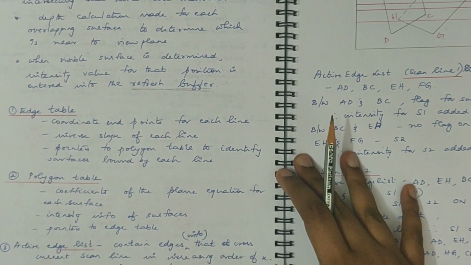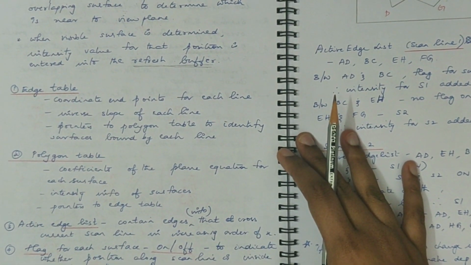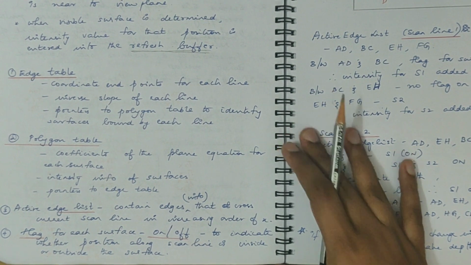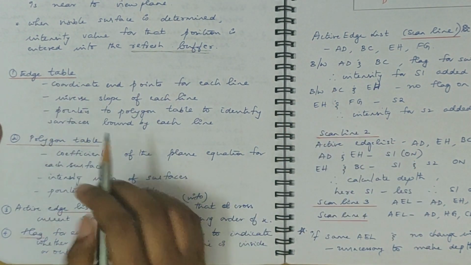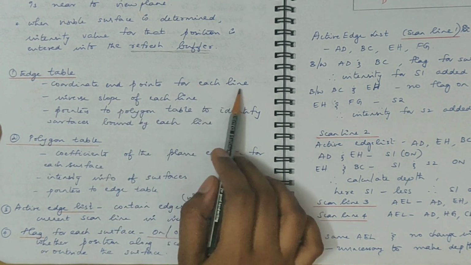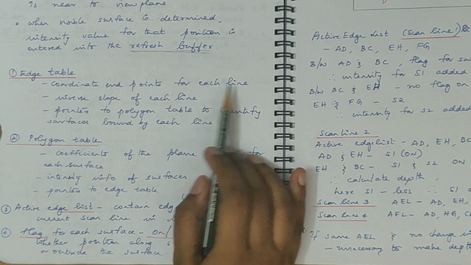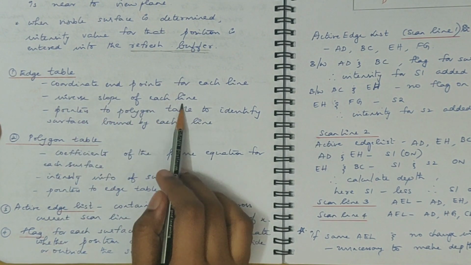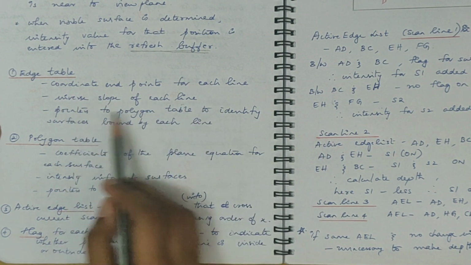For this you need some data structures. One is called the edge table. The edge table contains the coordinate endpoints of each line. For each edge that you have, you'll have the coordinate endpoints. Then the inverse slope of that line is also stored, and pointers to the polygon table.